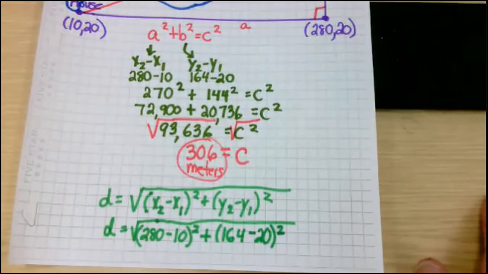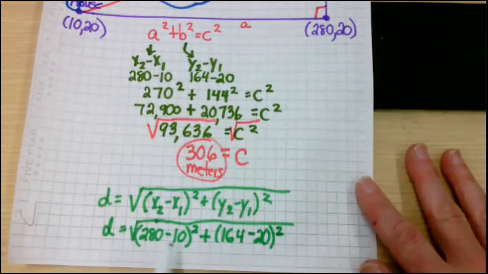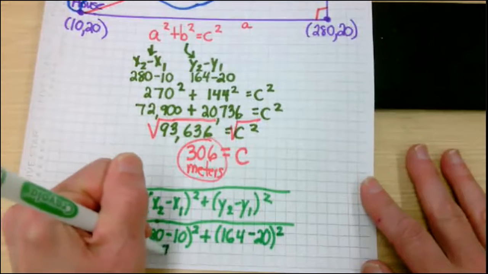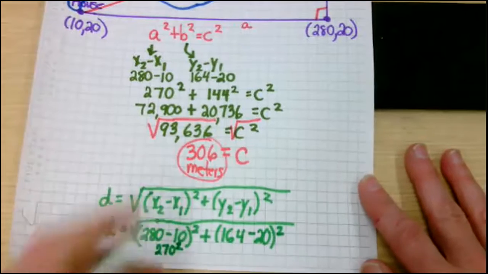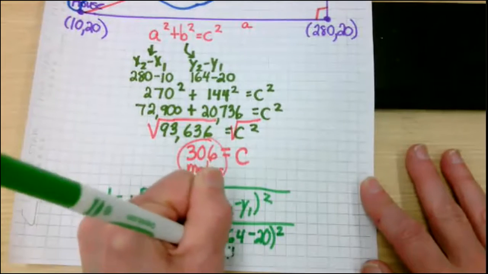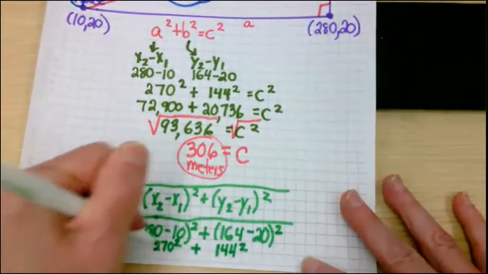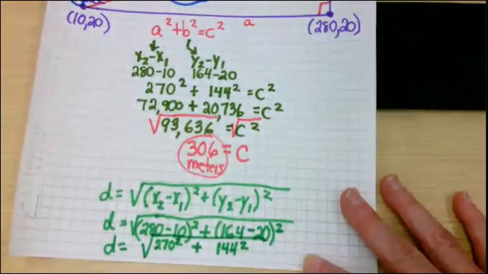Do you see what we're doing? We're doing what we just did with the Pythagorean theorem exactly, aren't we? So 280 minus 10 is 270 squared, plus 164 minus 20 is 144 squared, and D is equal to the square root of all of that.